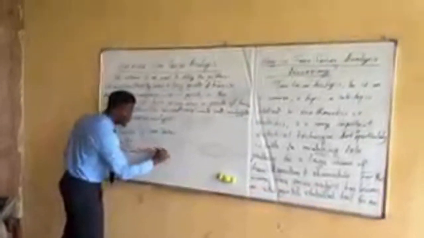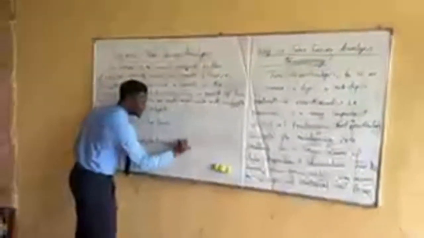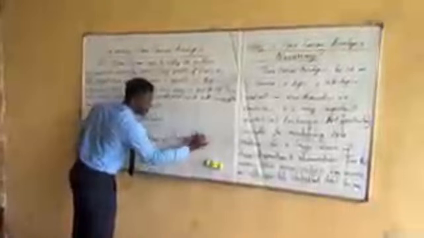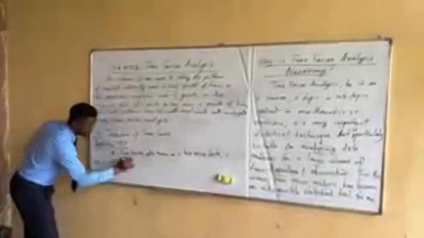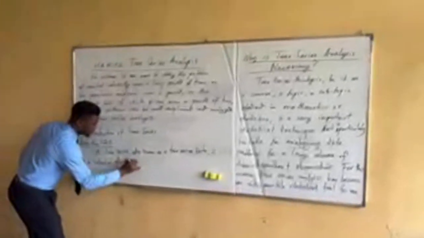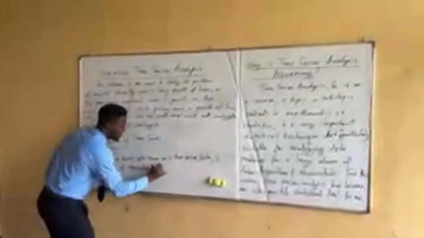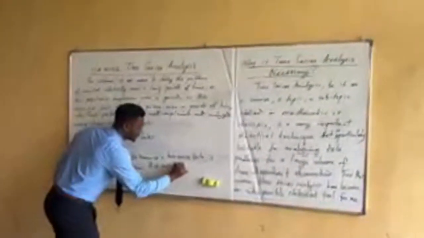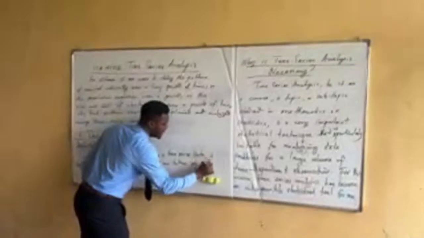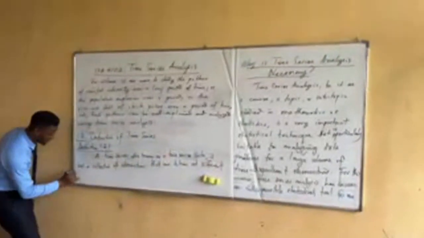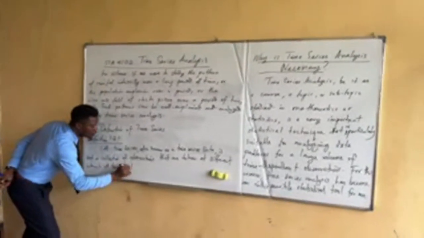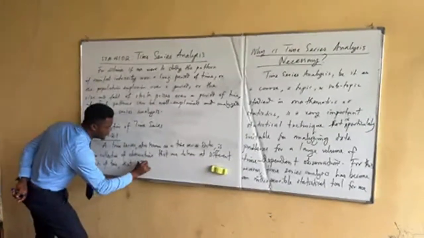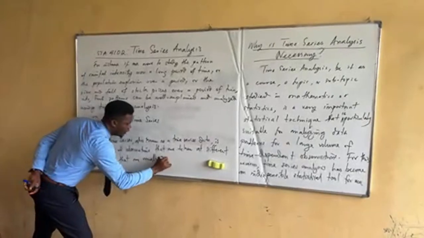Please write: a time series, also known as time series data, is a set or collection of observations that are taken at different intervals of time that are usually equal.